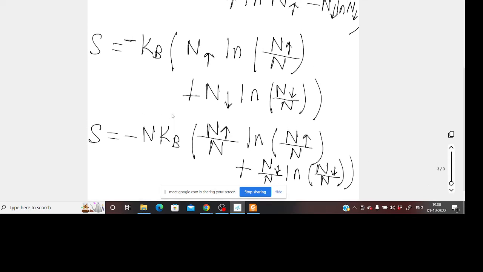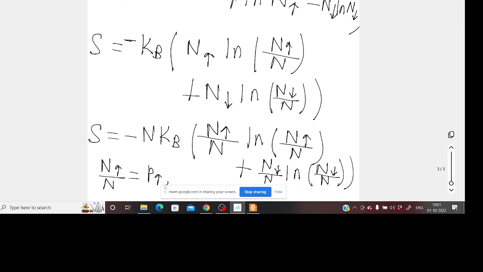So now what is n up by n? This is the probability of finding the particle with spin up, right? So n up by n equals p up.